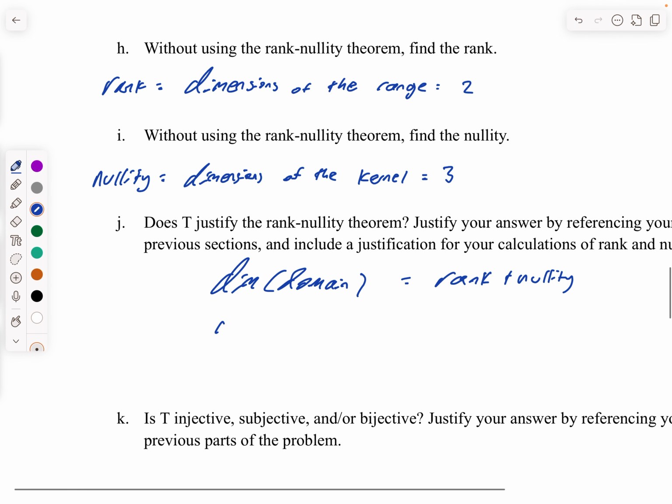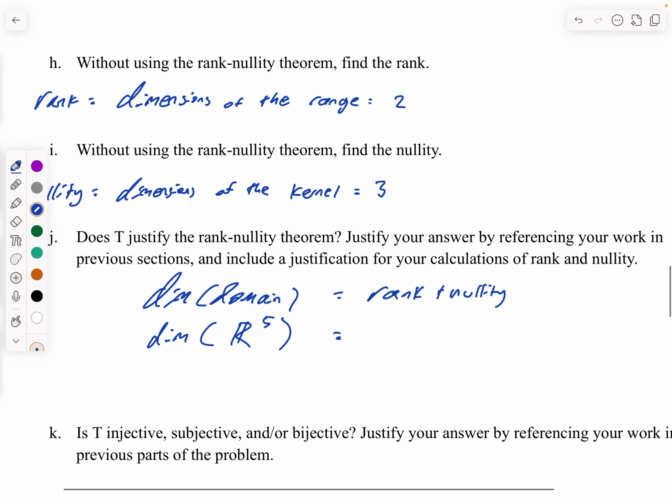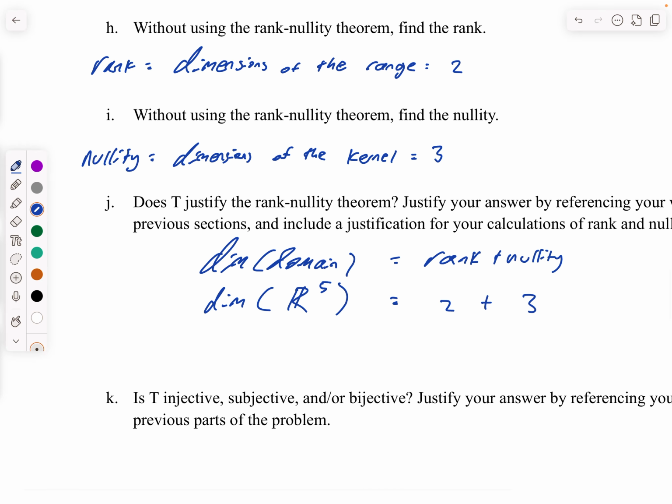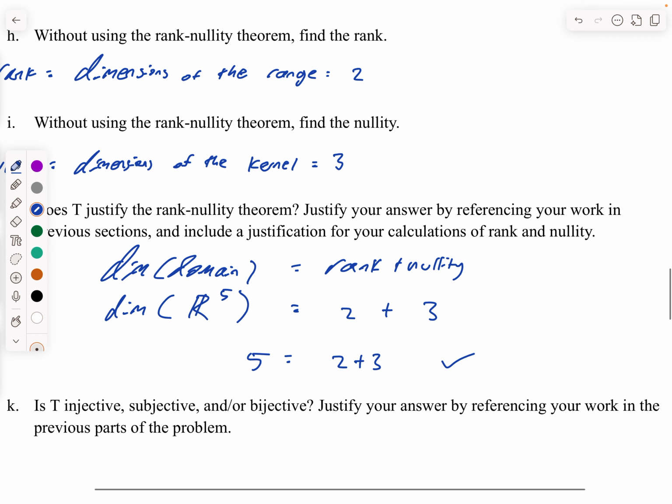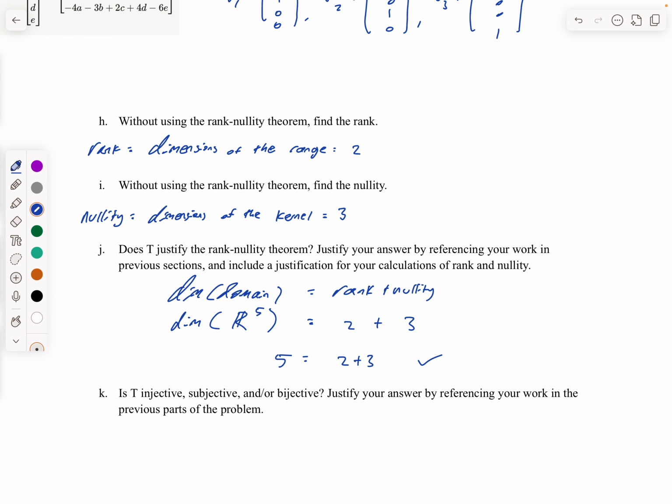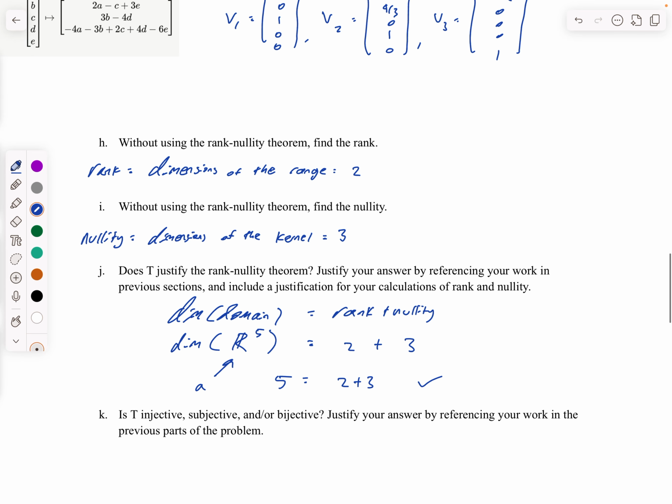And the dimension of the original domain, if we recall the original problem, the domain was R5. Our rank and our nullity are 2 and 3. And the dimension of R5 is 5, and that checks out. So it fulfills the rank nullity theorem. And to truly reference your work, you could point back to this is part H, and then this is part I.